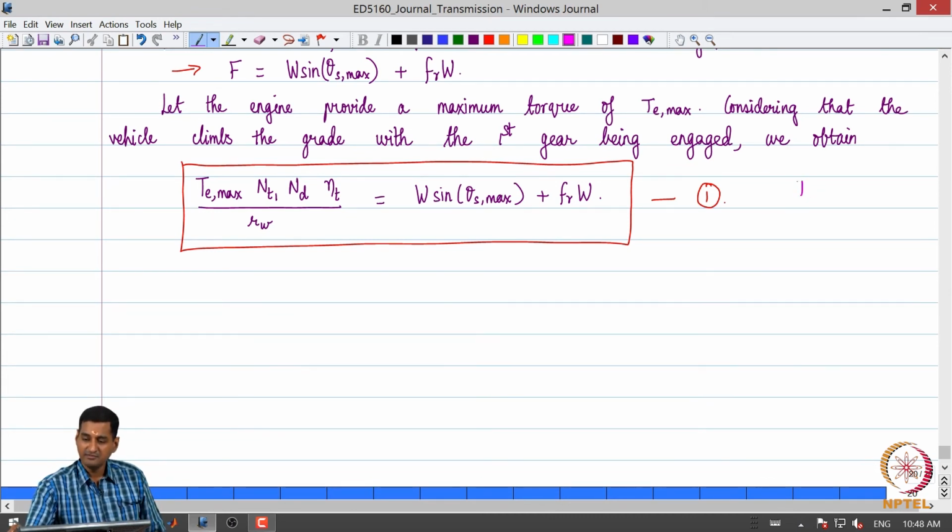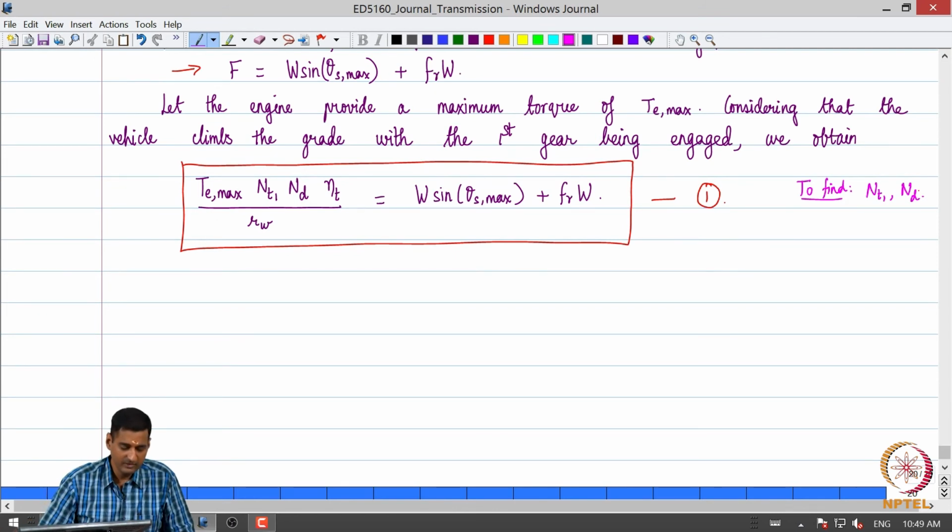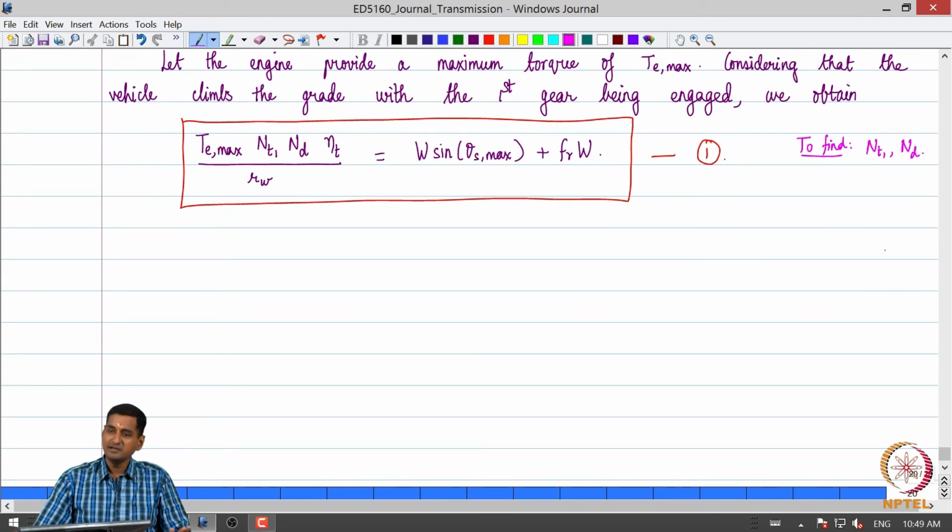So we need to find NT1 and ND, but we have only one equation till now. So we are not yet done. We are going to see how we go further and address this issue. But this is the first equation, this is the starting point.